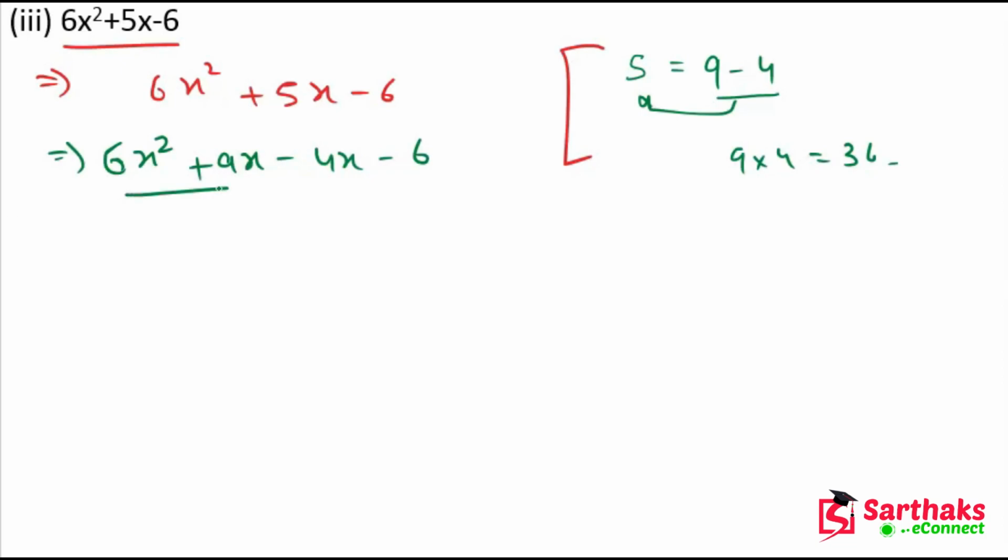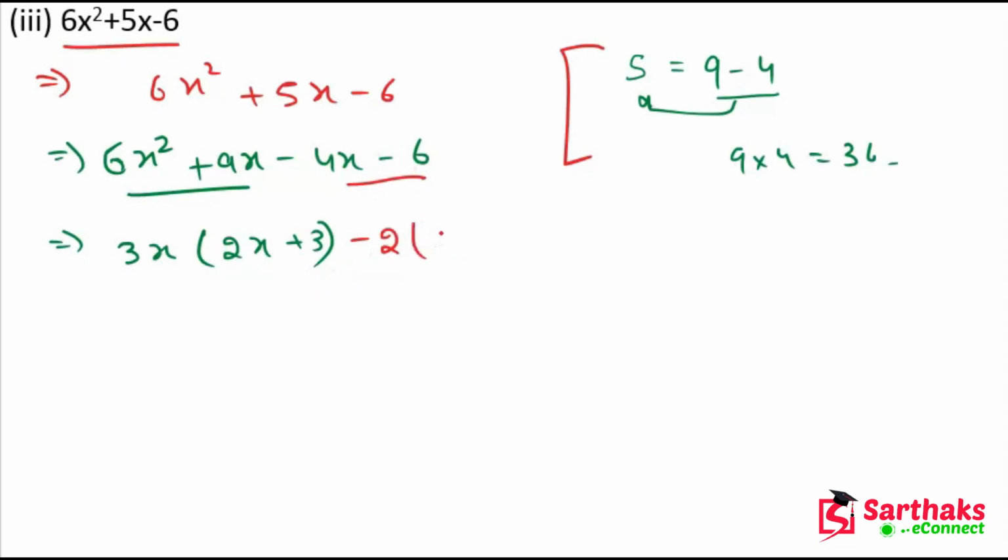Okay, now from these two terms we can take 3x. So this will become 2x plus 3, and from these two terms we can take minus 2.